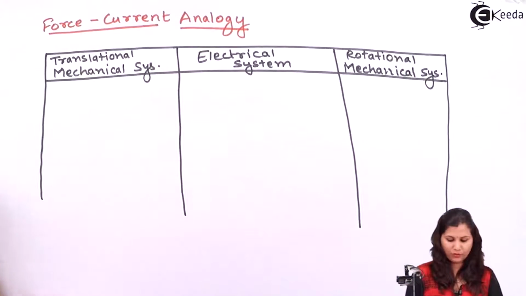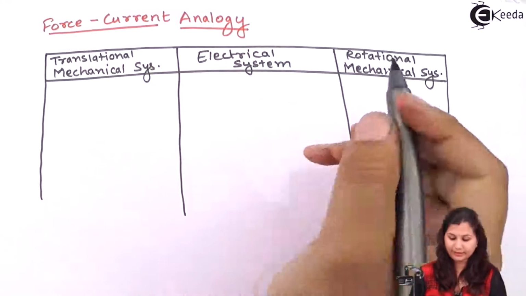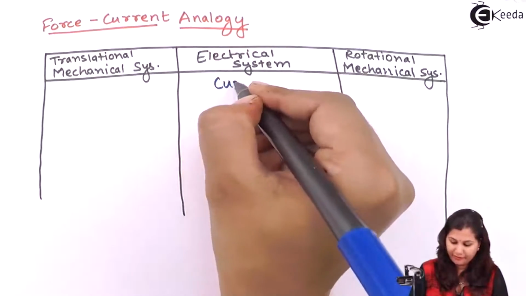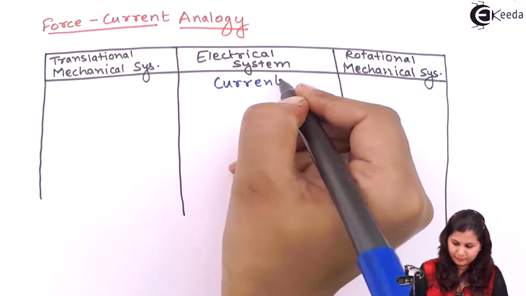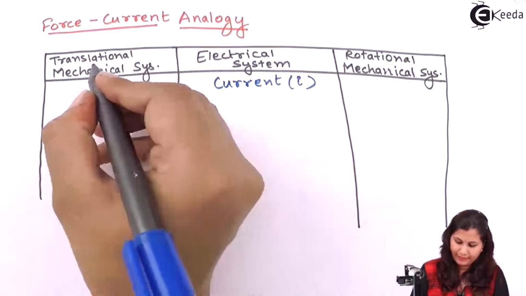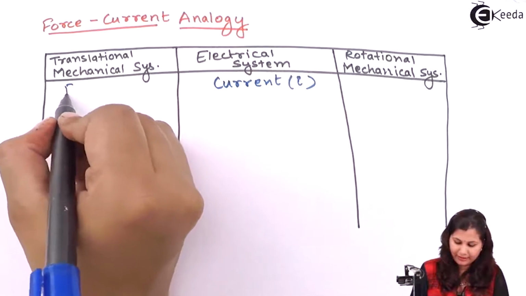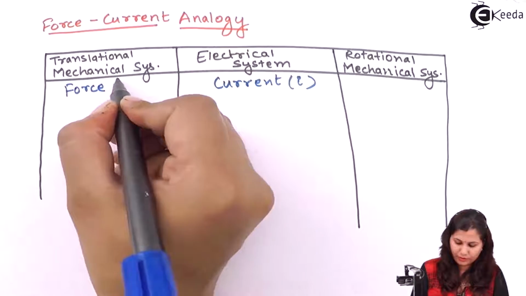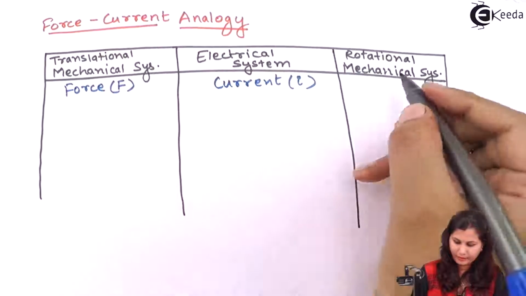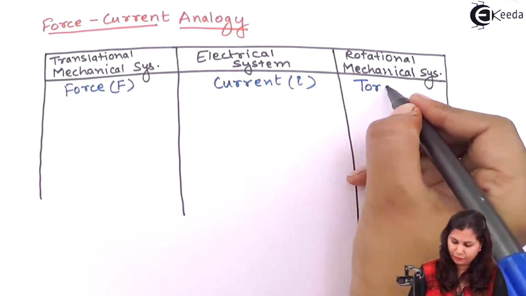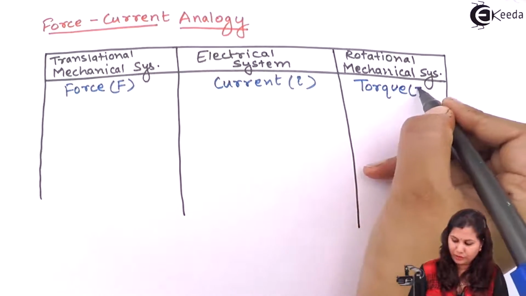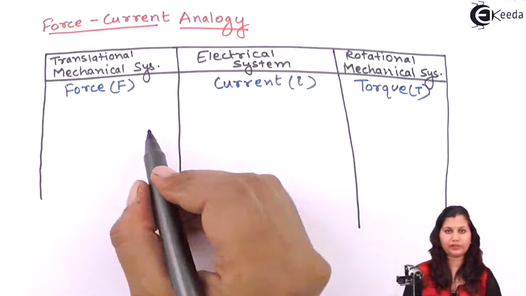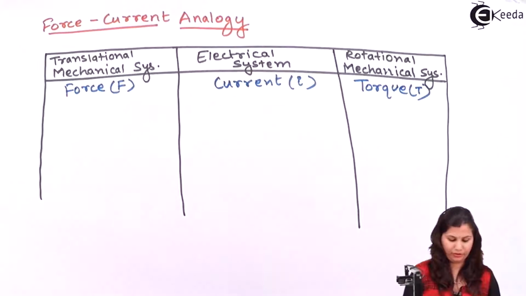So in this force current analogy, we will have current I, and in the translational mechanical system we will have force, and for rotational we will have torque. So we are going to compare the force and torque equations with the current equation.